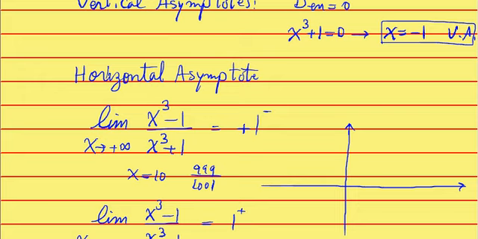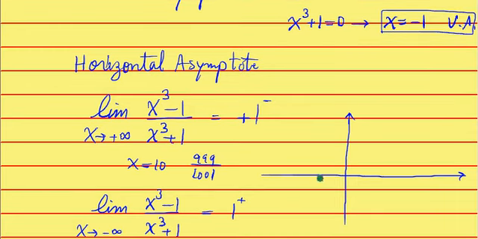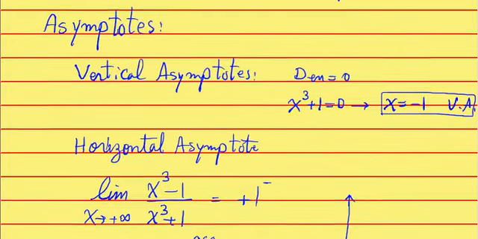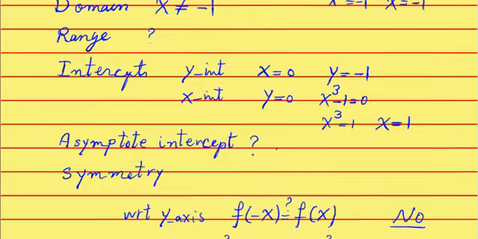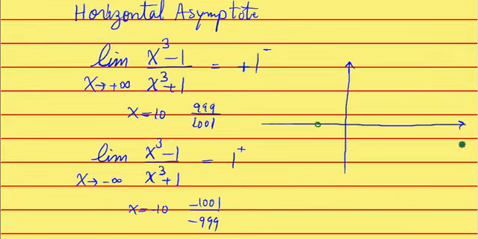Let's write that down. So minus 1 is missing from our domain. Next issue that we had was we have two intercepts, y equal to minus 1 and x equal to 1.